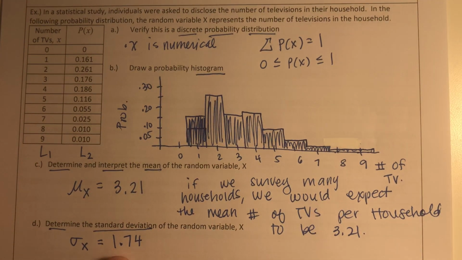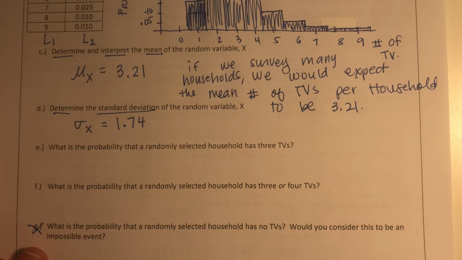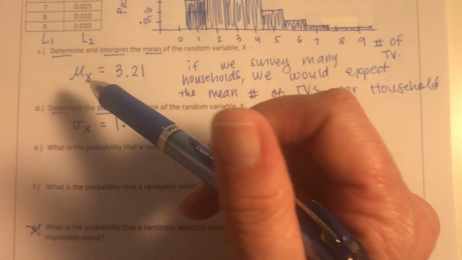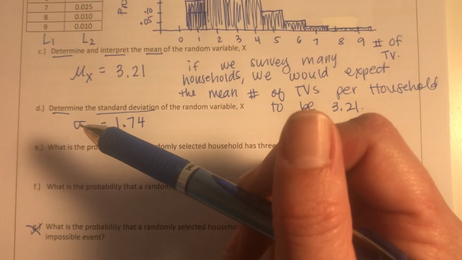Standard deviation we are not asked to interpret ever, but the value is again given on our calculators. And again, with random variables, with our discrete probabilities, we are using population notation.